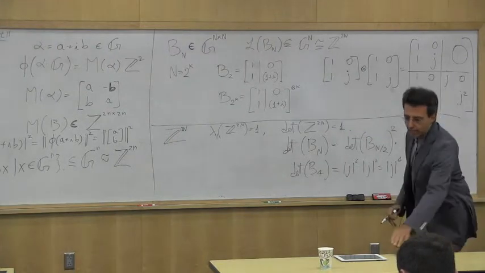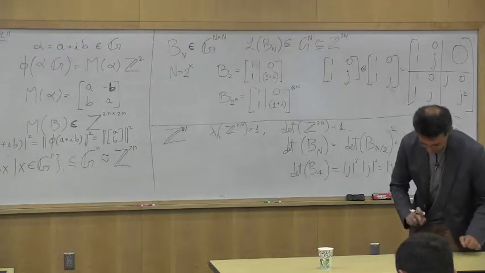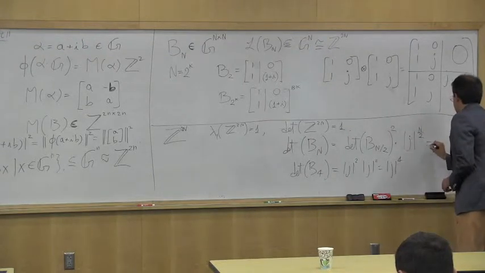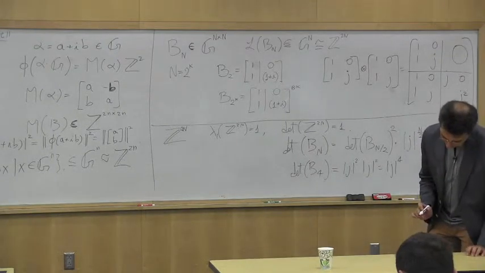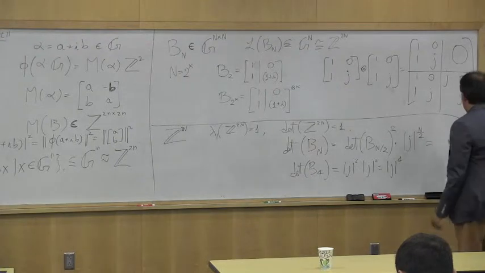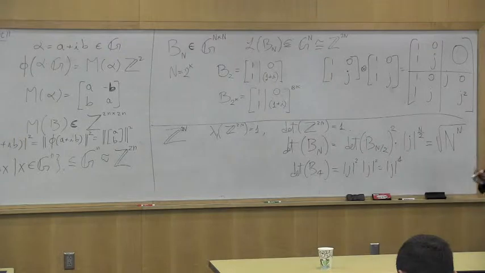So you can unfold everything, and you will get that the determinant of the lattice is precisely square root of n to the power n. Once you know the result, you can just check by induction that it is correct.